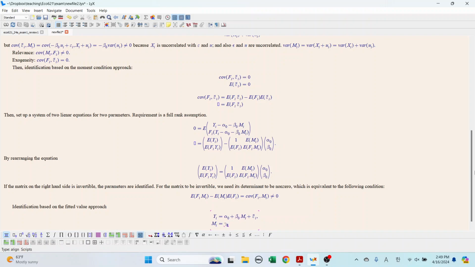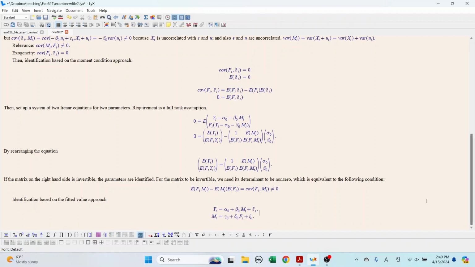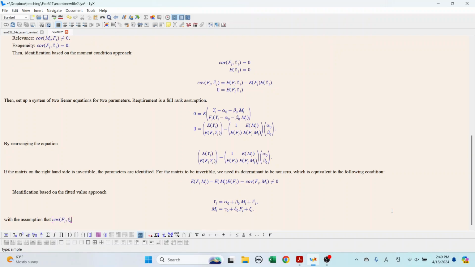And then I will think about the first stage equation, which is a regression of M, the endogenous variable, on the instrument F. And we assume the covariance between F and the error is 0, right?